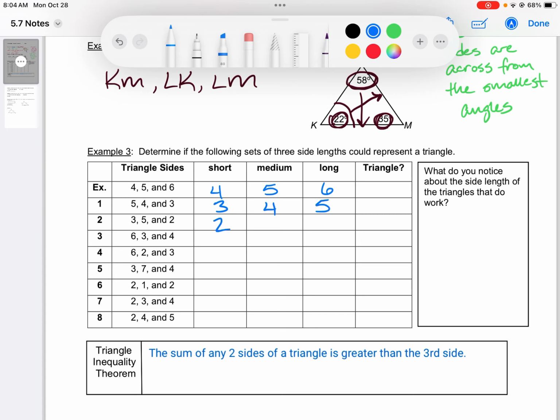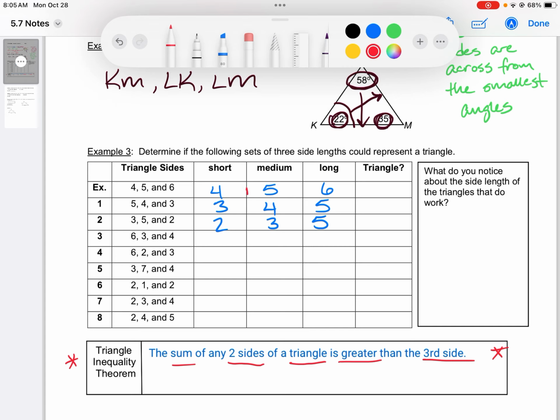I'm just going to do the first three for you right here, and I'll let you do the rest. But a helpful piece of information down here is the triangle inequality theorem: the sum of two sides of a triangle is greater than the third side. If that's true, these are a triangle.